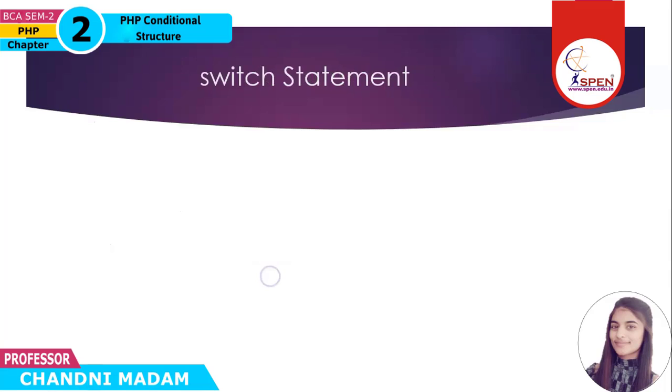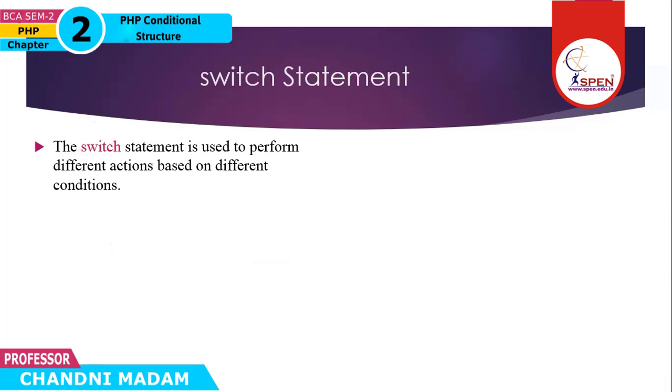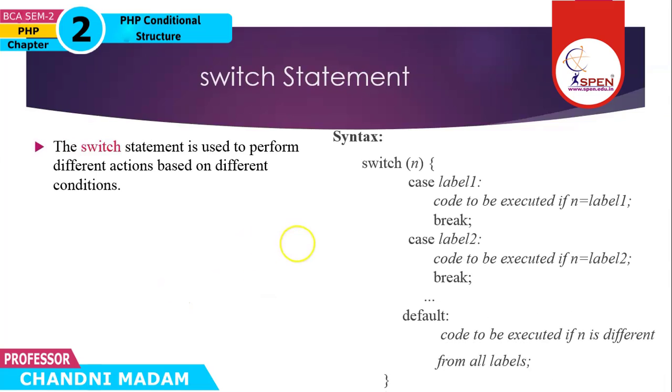So next is the switch statement. The switch statement is used when you have different actions and based on the different actions you perform different conditions. Here the switch statement has one expression as its argument. Your n is the expression. Now n is compared to your case 1.